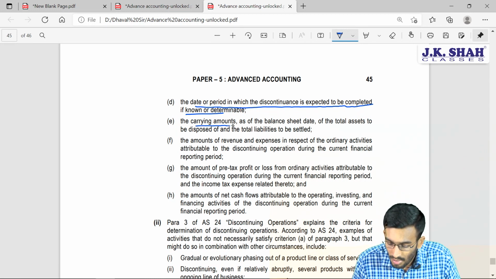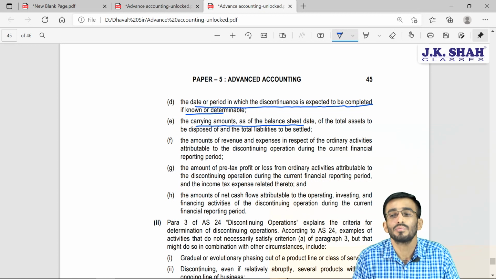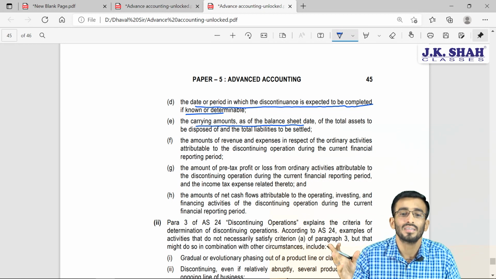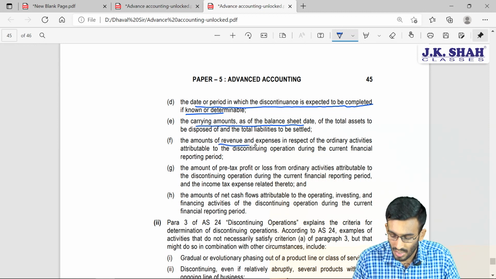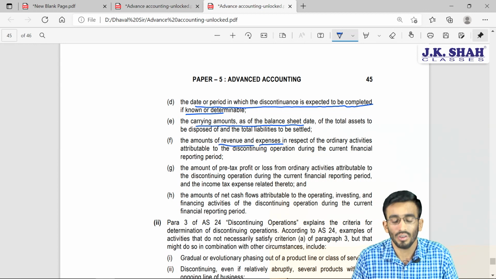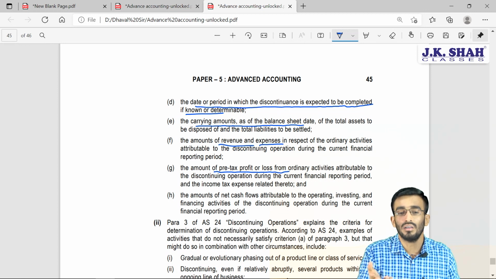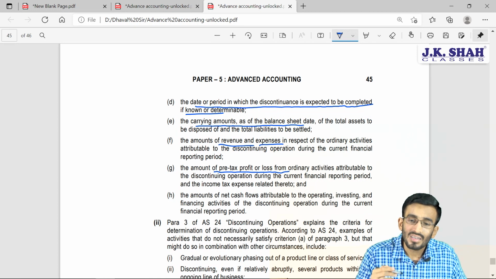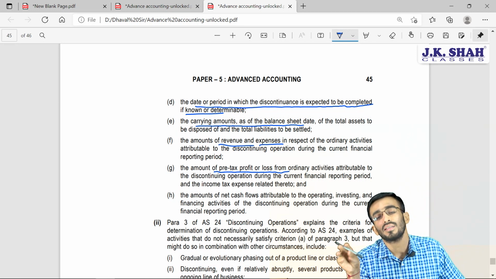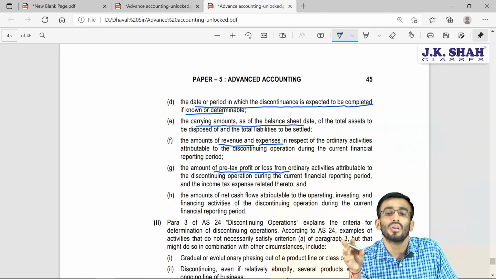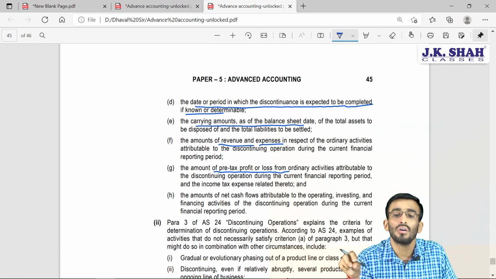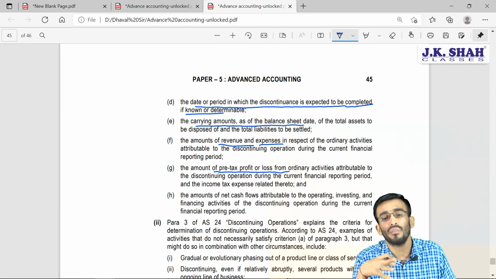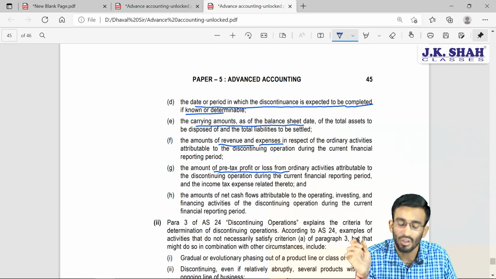Then the carrying amounts of the balance sheet items of the discontinuing operation, assets and liabilities, what is the carrying amount. Same in case of P&L also, we have to show the revenue and expenses separately of the discontinuing operation. We also have to show pre-tax profit or loss. As I earlier also said, in the P&L statement at the end, there is a separate heading for profit or loss before tax from discontinuing operation, tax on the above item, and then profit or loss after tax from discontinuing operation.